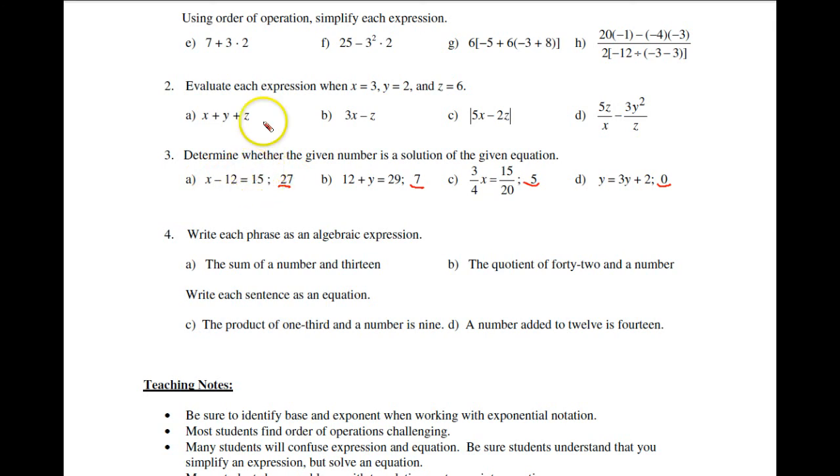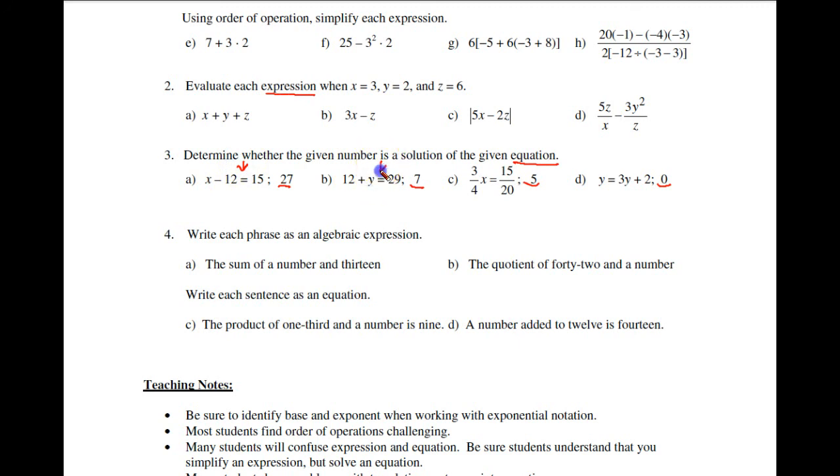Another item we should mention at this time: this is an expression. These are all expressions, while these are an equation. So you might ask, what's the difference between these? Well, here they are giving us an equal sign.